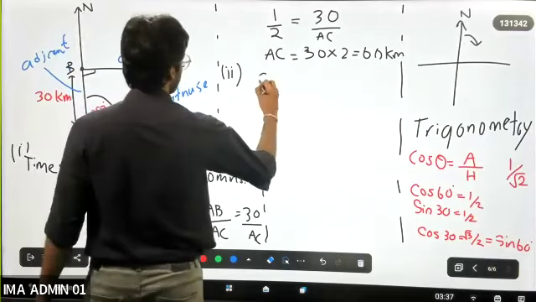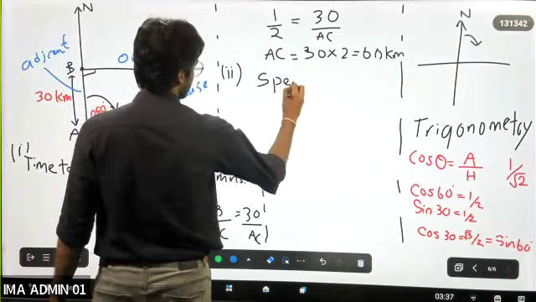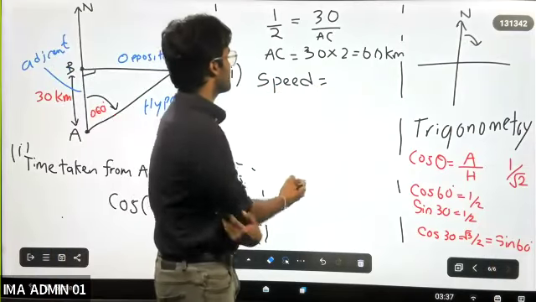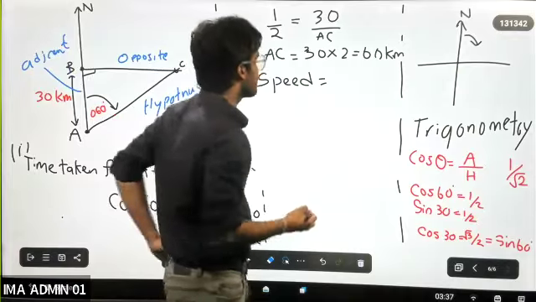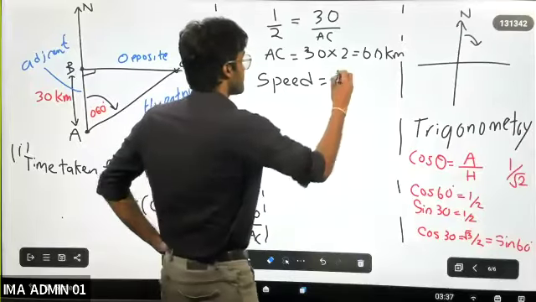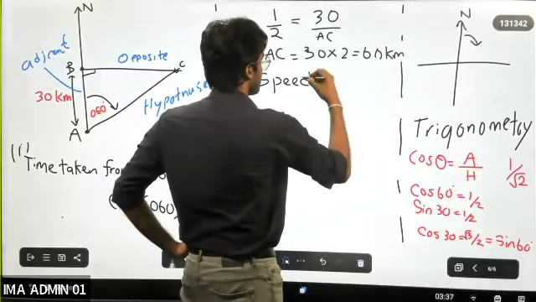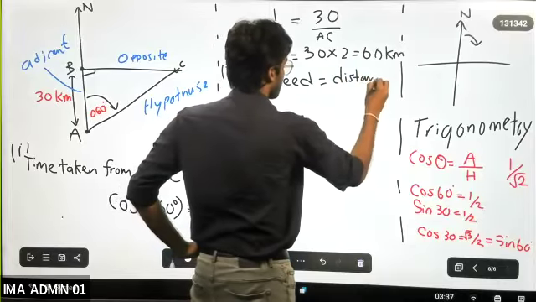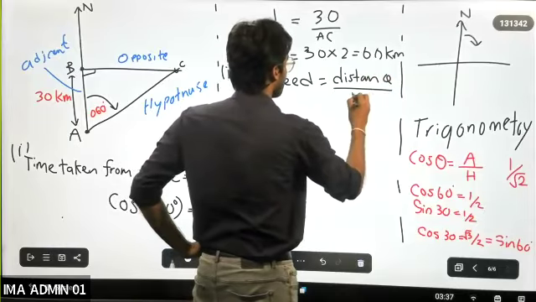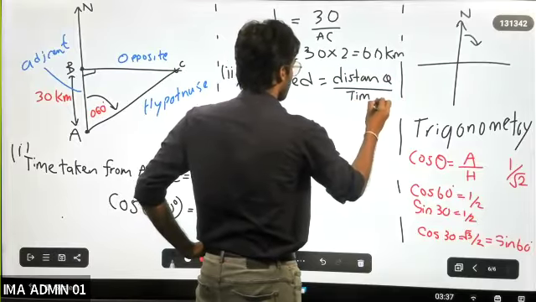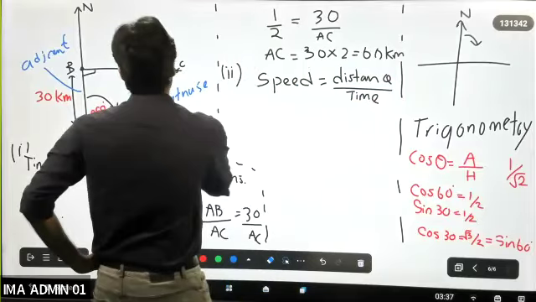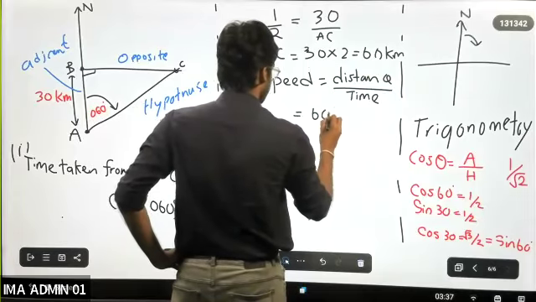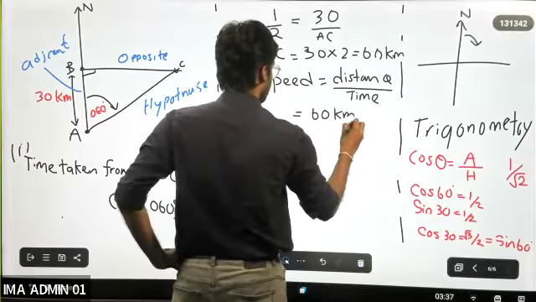So what's the equation for speed? This is a simple theory in your science, physics. So speed is equal to the distance divided by time, no? So now we know the distance from A to C, which is 60 kilometers, right?